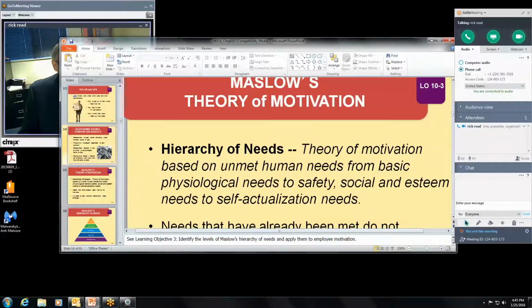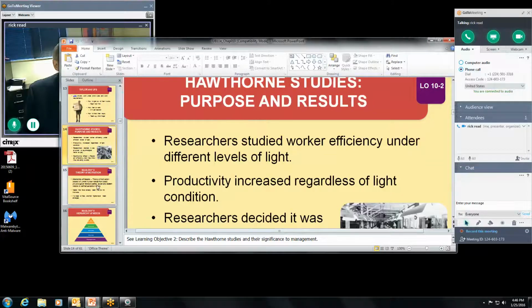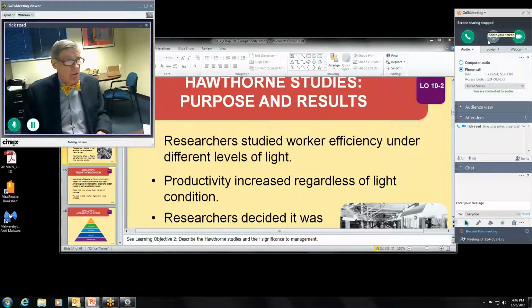Now, there were a couple other things with the Hawthorne facts that I want to bring to your notice. They also had another experiment, studying work efficiency under different levels of light.